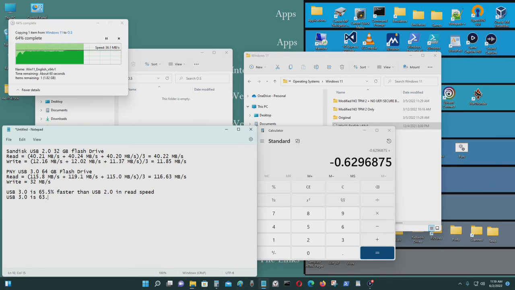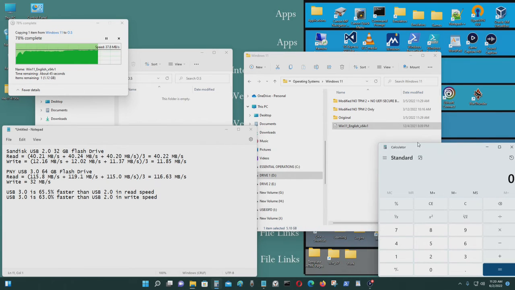We'll just say 63% faster than USB 2.0 in write speed. So it's writing the file. I'm getting about 37 now. So it's definitely a lot faster than USB 2.0.